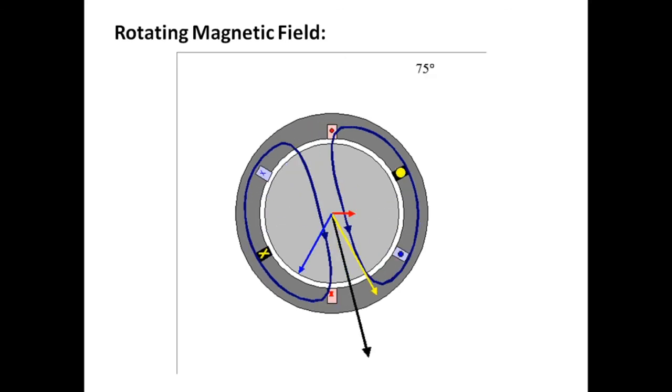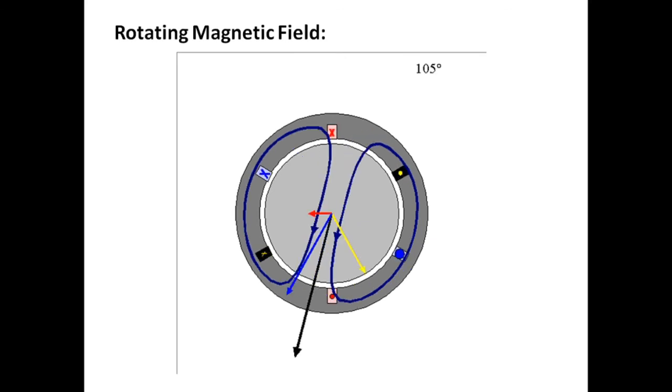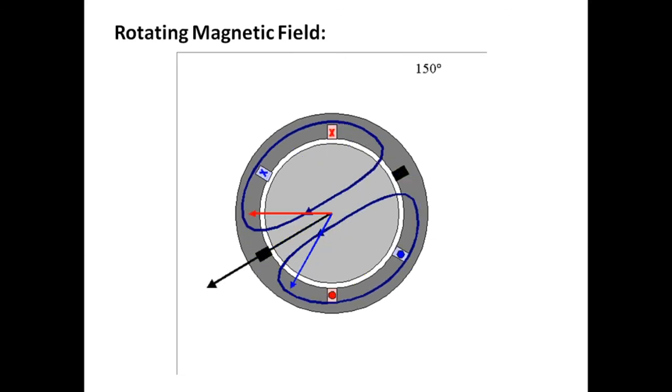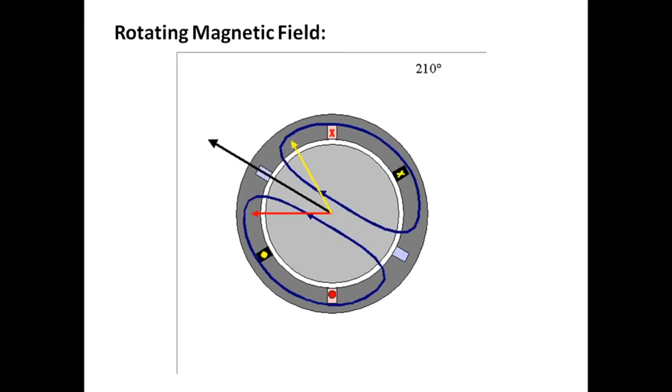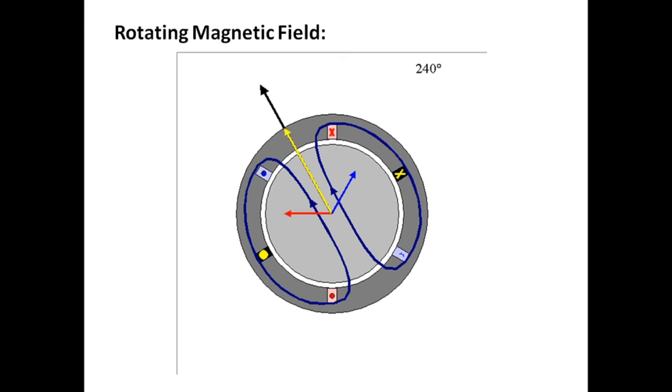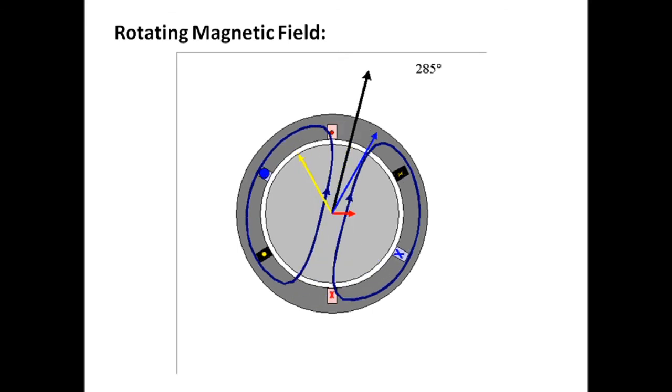Phase R, phase B and phase Y together produce the resultant magnetic field, phi r.